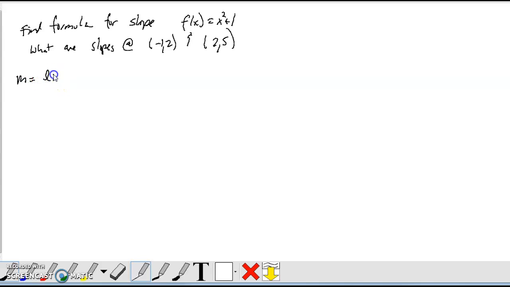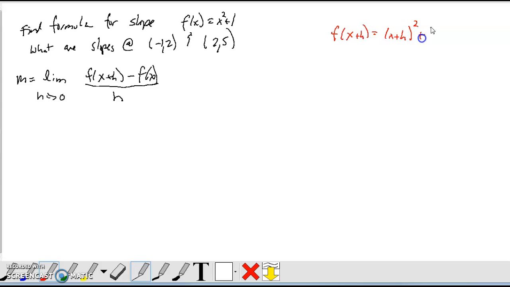So slope is the limit as h approaches 0 of f of x plus h minus f of x all over h. Again, if I plug a 0 in, everything cancels away. Over here, I'm going to plug in f of x plus h. A lot of substitution, that's all this is. So this is x plus h times x plus h, plus 1.